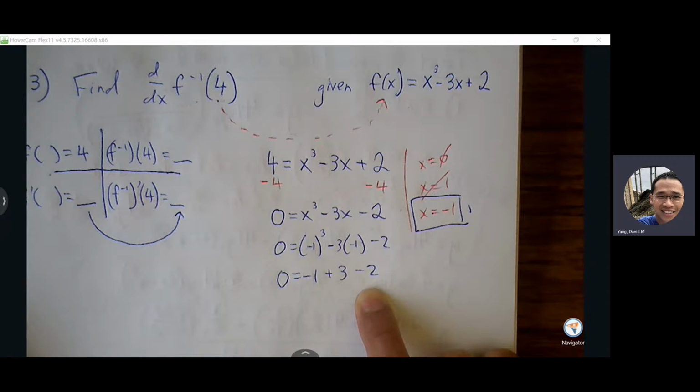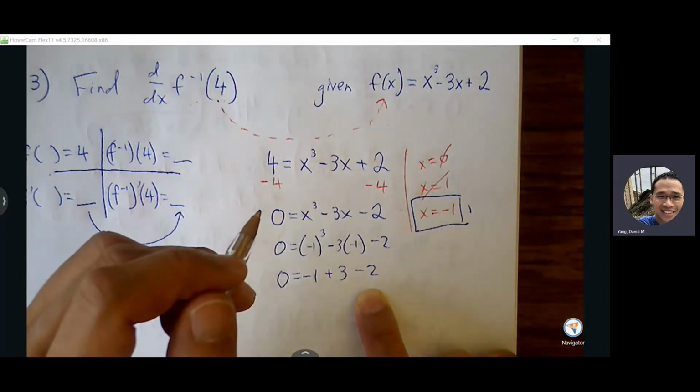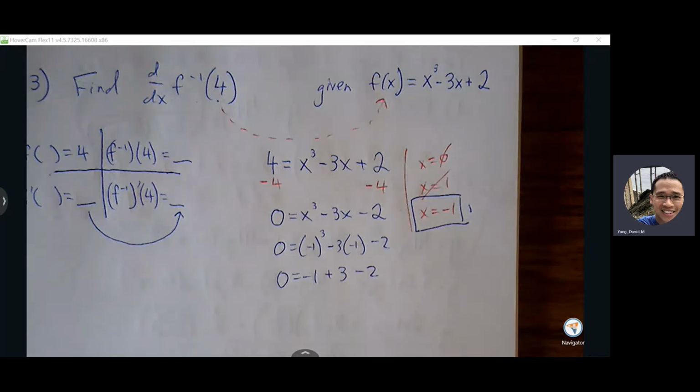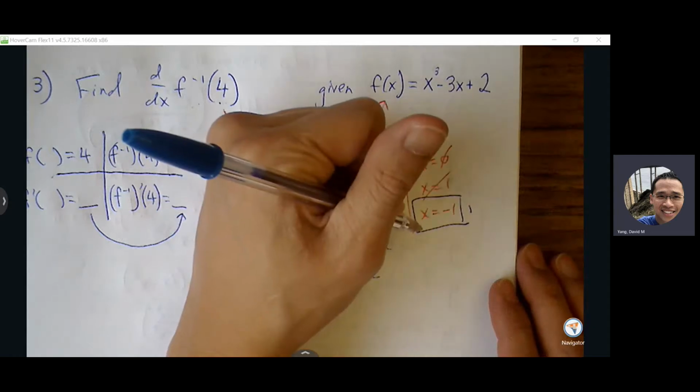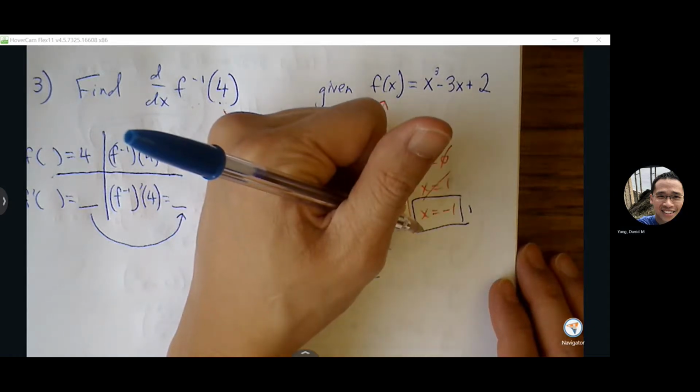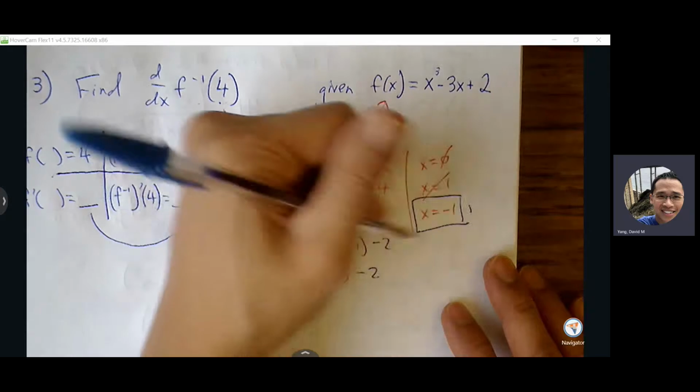That works, doesn't it? Okay. Yeah, 1 doesn't work. I think 2 also works. Yeah, 2 also works, but we'll go with -1.